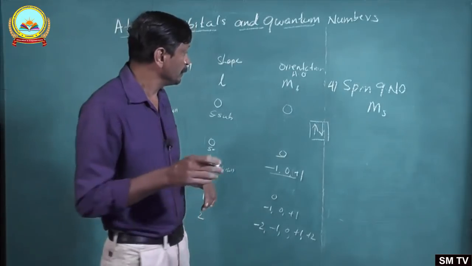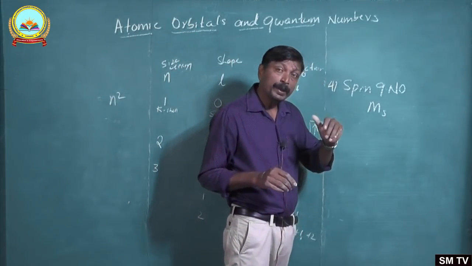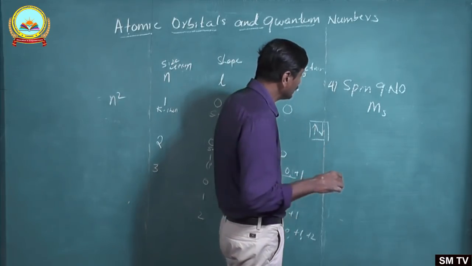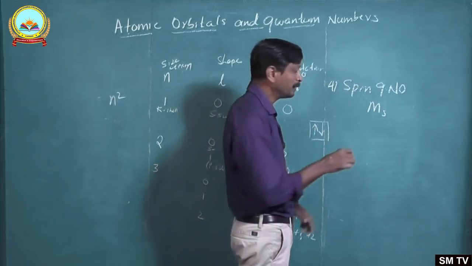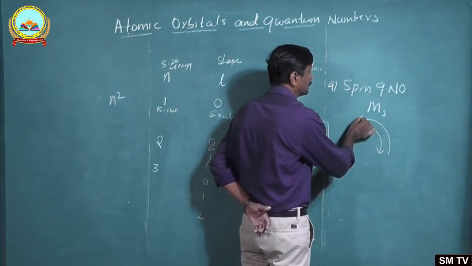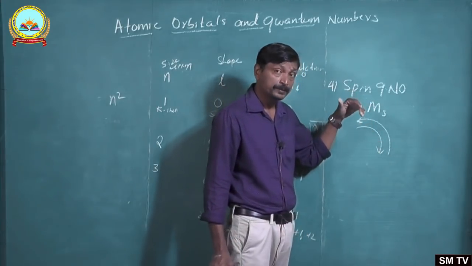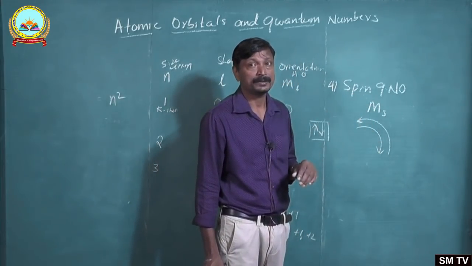Similarly, in these electrons, each electron rotates on its own axis. So that means there are two types of orientation you can find. The electron can rotate on its own axis in a clockwise or anti-clockwise direction.